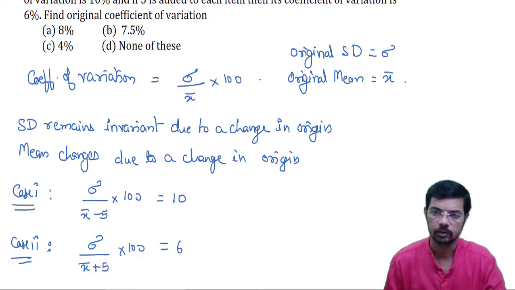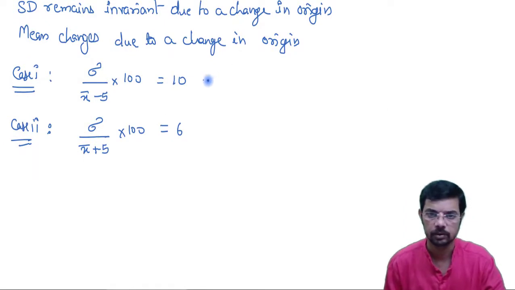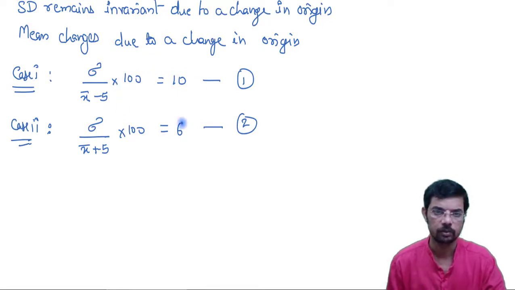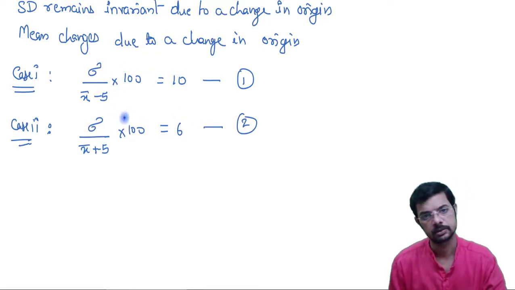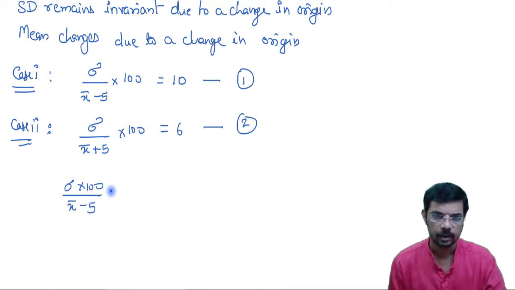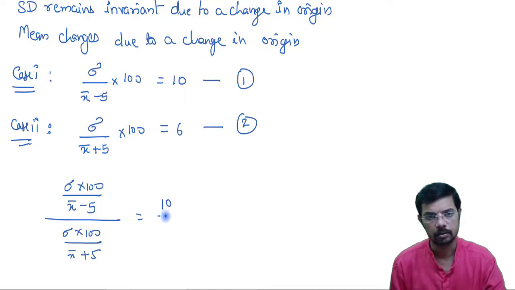So we have two equations, equation number 1 and equation number 2. We shall take the ratio of these equations. This is sigma into 100 divided by x bar minus 5, divided by sigma into 100 divided by x bar plus 5, which will be equal to 10 by 6.